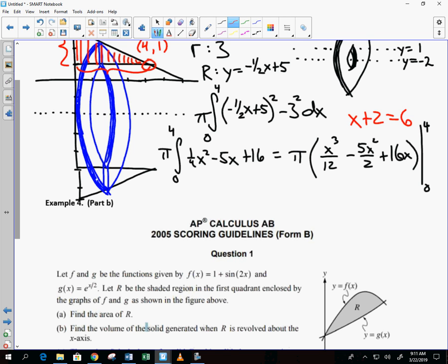If I plug in 0, I get 0. So I just have pi times 4 to the third is 64, and 64 divided by 12, 16 thirds, minus 4 squared is 16 times 5 is 80, and 80 divided by 2, 40, and 16 times 4, 64.